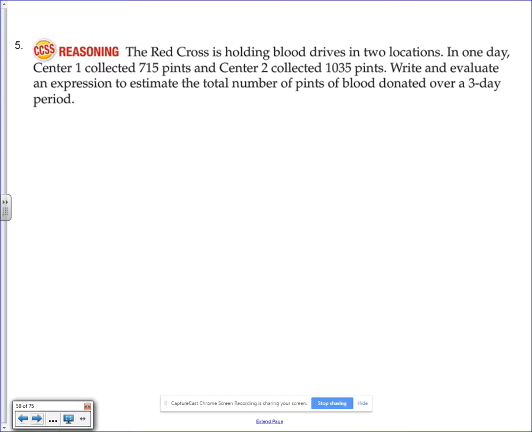What do you think, Trevor? That's for 1 day, right? So then how do I show I need to do 3 days? What do I do to this to make it be 3 days? What do you think, Quinn? You're going to multiply the whole thing by 3, because if that's for 1 day, if I multiply by 3, then that'll be for 3 days. So that's my expression. Now I need you to evaluate it.